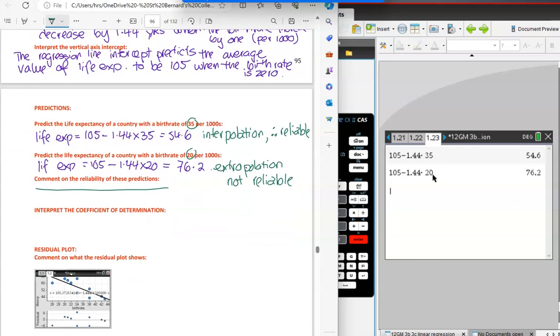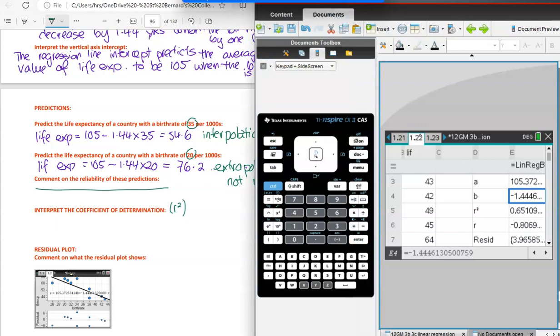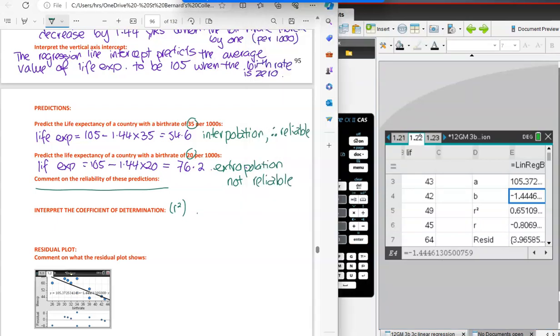So then the next thing it's asking us to do is to interpret the coefficient of determination. So I often like to just put R squared there, so I remember. Now because we've got to interpret it, I'm just going to do it to the nearest whole number. R squared was 65.11. When I interpret it, I'm just going to do it to the nearest percentage. So just do it to whatever they ask you to do it to.